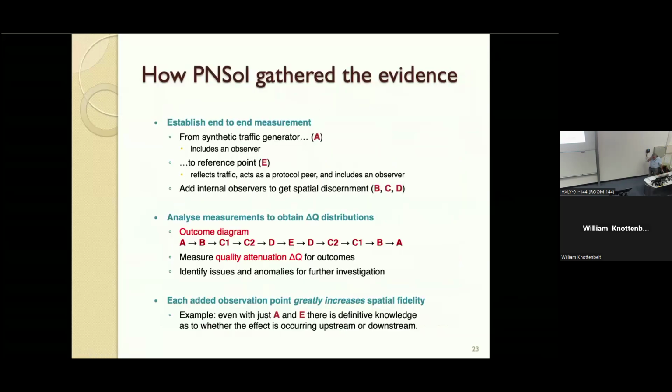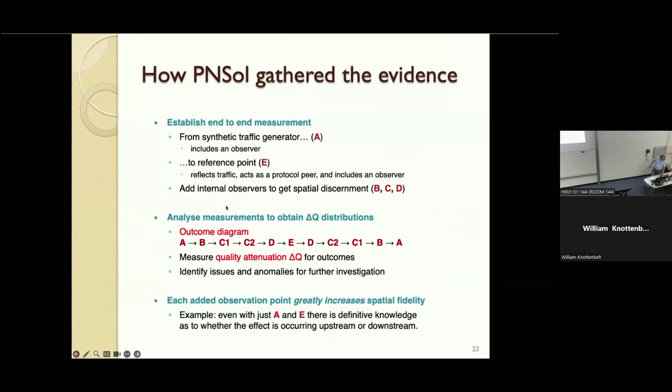Okay, so P&Sol first gathered the evidence. On the user point A, they added a synthetic traffic generator and put observation points all the way to E, okay? Then they added internal observers to get more precise measurements, so the BCD. The outgoing diagram is actually not so complicated.